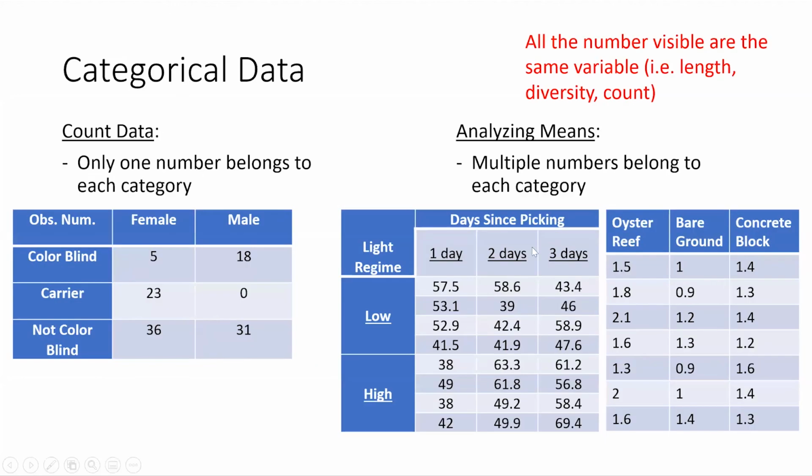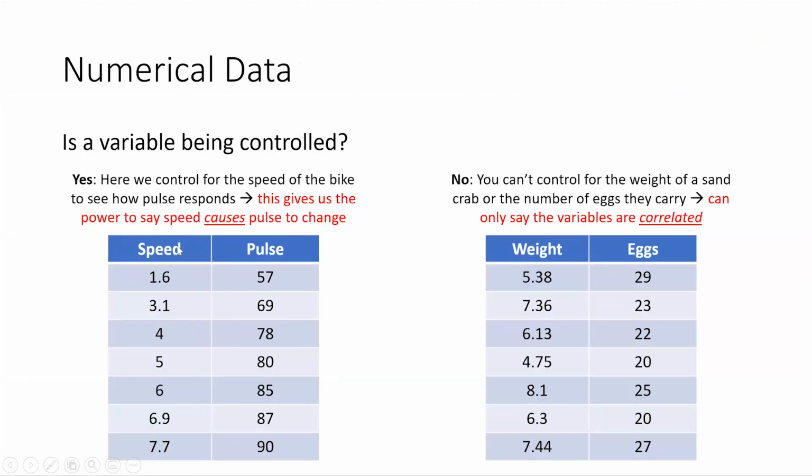That's what we're looking at here: male versus female, low versus high, day 1 versus day 3. Here we're not looking at speed versus pulse. We're looking at how do these change together? How does one changing maybe relate to the changing of another?